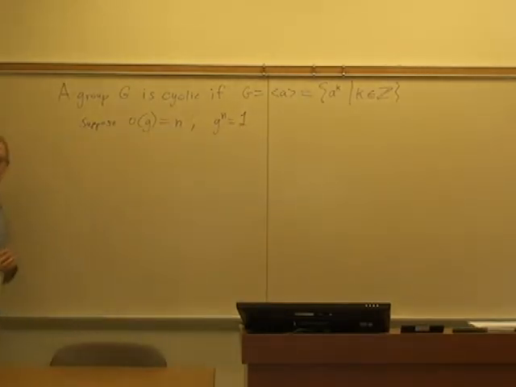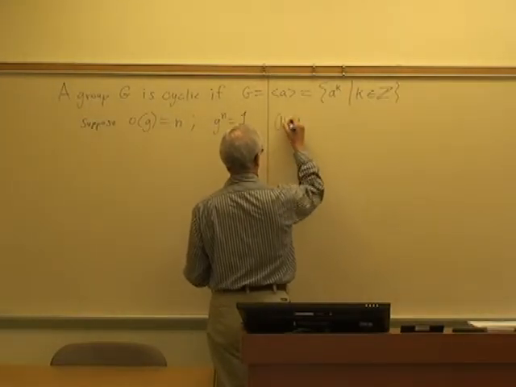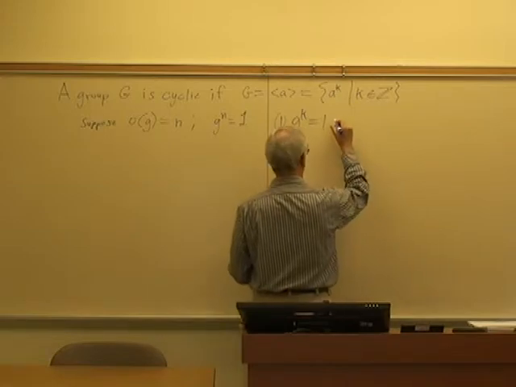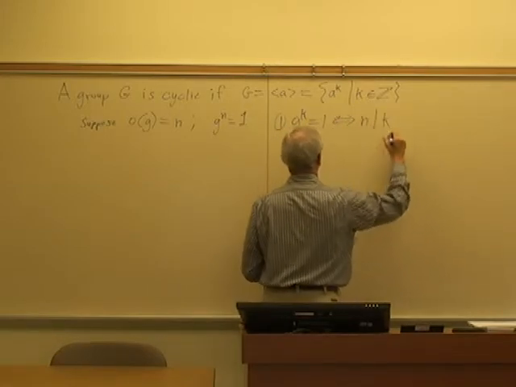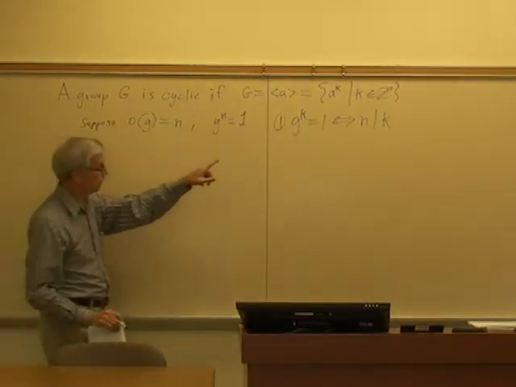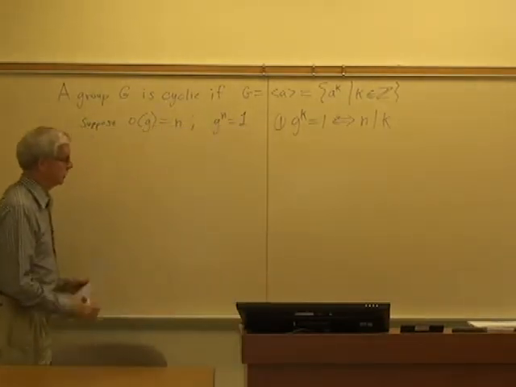I prefer e because it's a more general identity, but we'll call that thing 1. And we had the following, that g to the k, some other integer, is 1 if and only if k is a multiple of n.